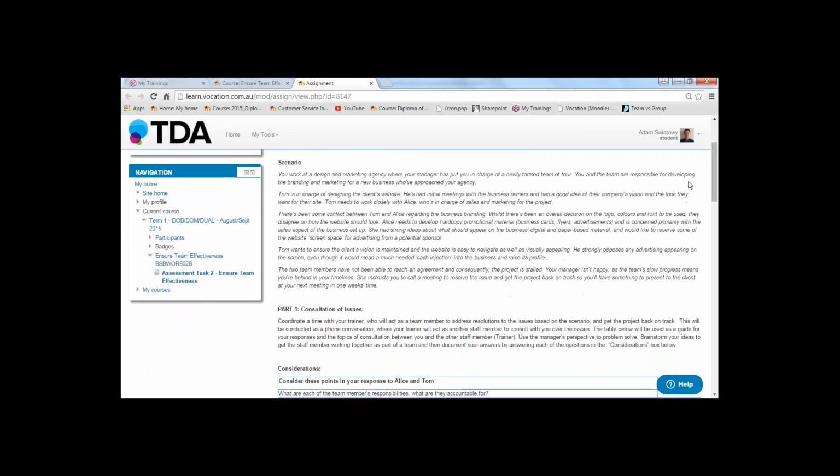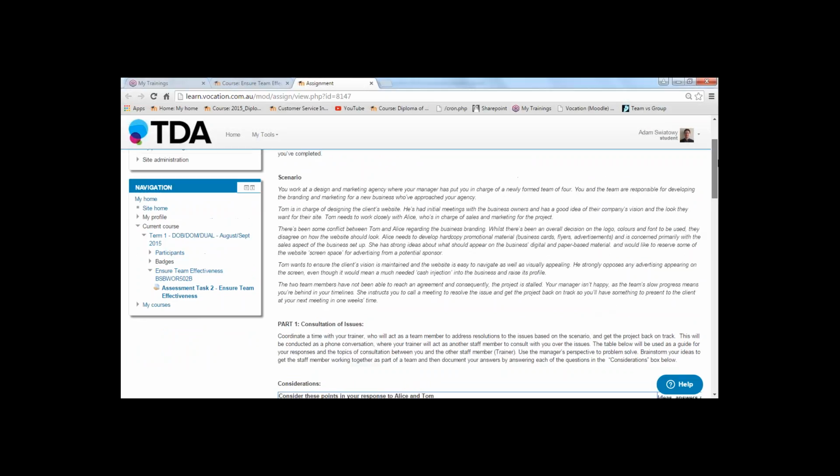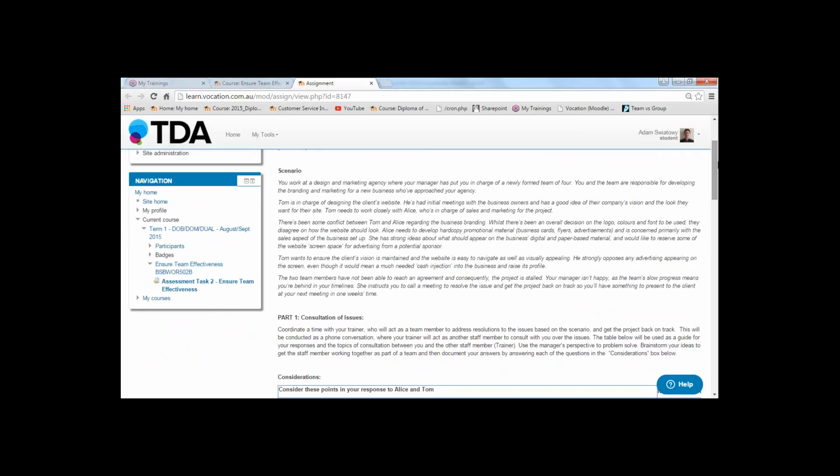So I'm just going to read through the scenario for this assessment task. So here's the scenario. You work at a design and marketing agency where your manager has put you in charge of a newly formed team of 4. You and the team are responsible for developing the branding and marketing for a new business who have approached your agency.